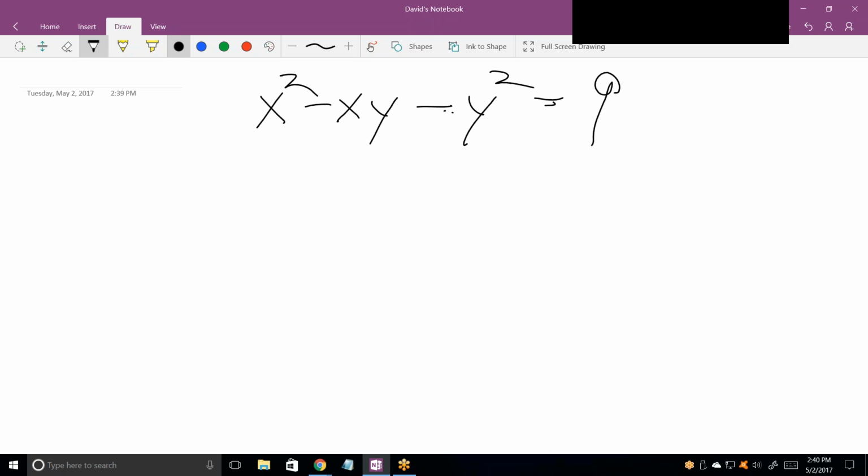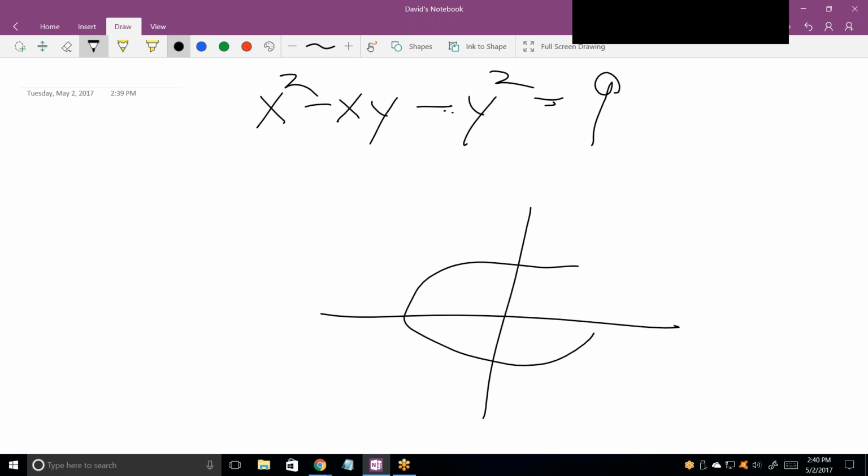Whatever this function looks like, we'll pretend it's an ellipse. I don't think it is. But what they're asking for is what's the x value of that and the x value of that.